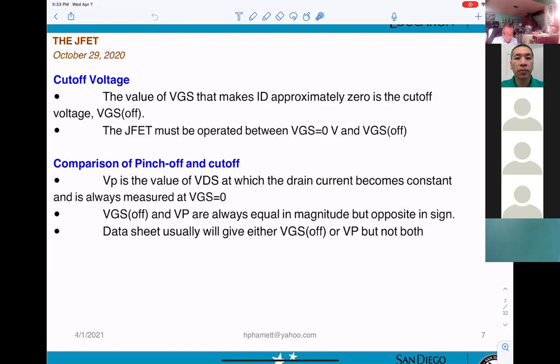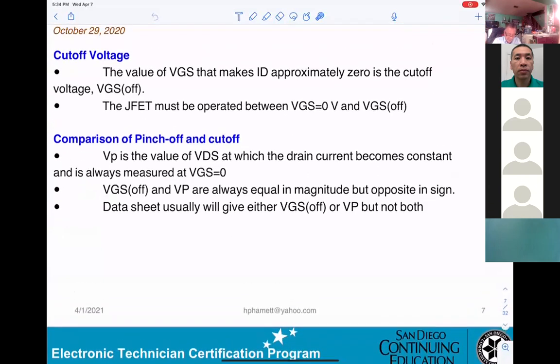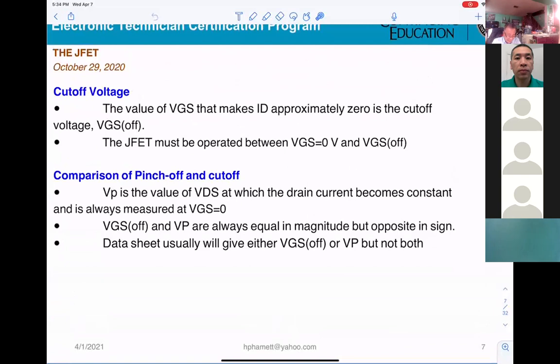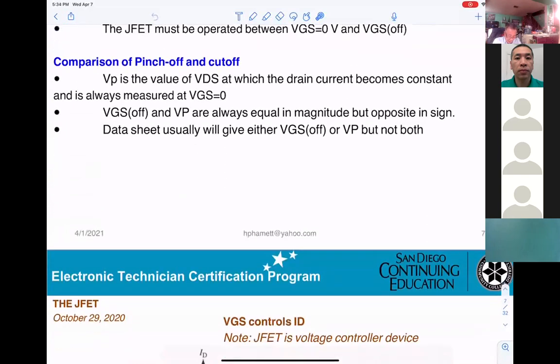So VP and VGS off will be equal all the time, but opposite. If VGS off is negative, VP will be positive. In the data sheet, normally they give you only one, not both, either VGS off or VP. That is a summary of what you have to memorize.